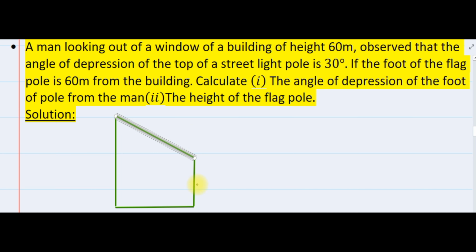So this is the pole, and this is the building. The height of the building is 60 meters.